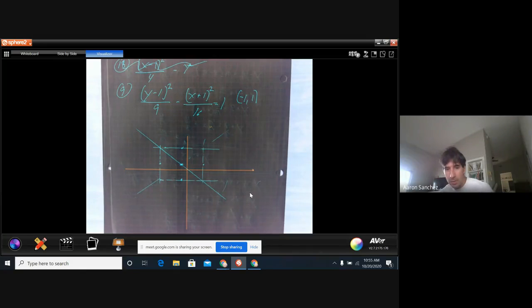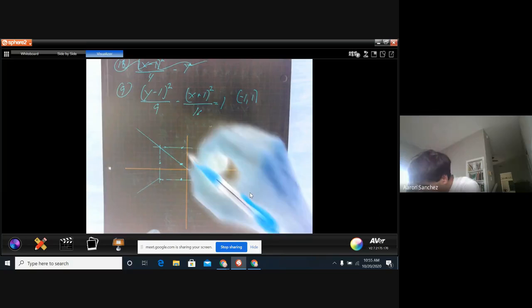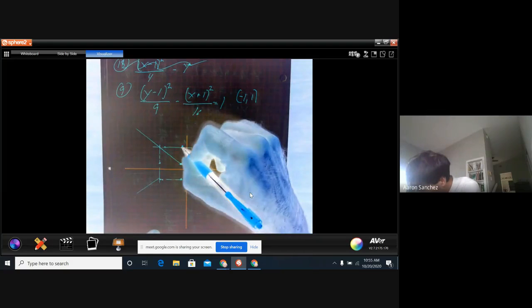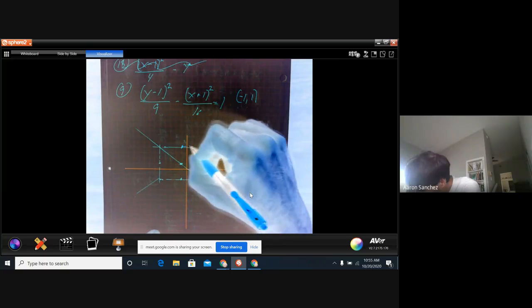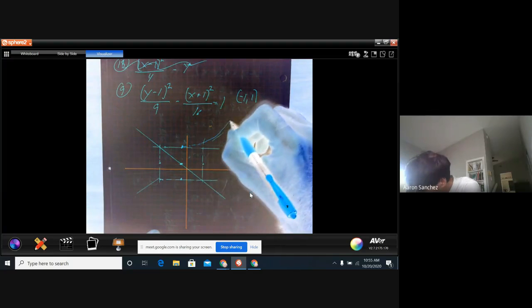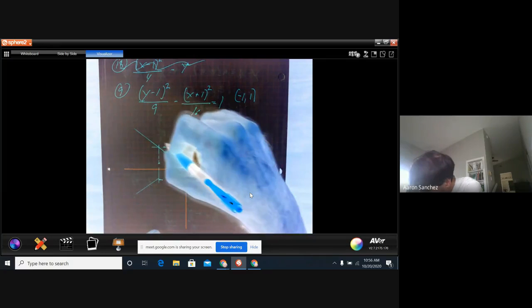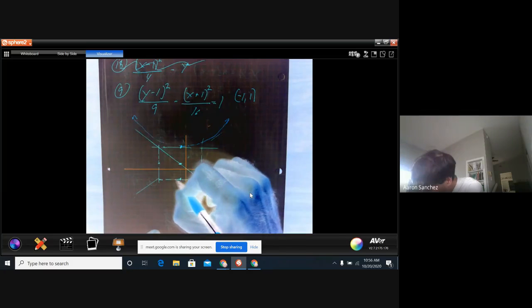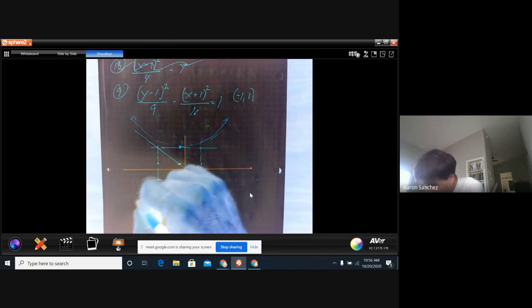I'm going to do orange. What color do you think orange is going to be? Here we go. Here's my vertex. What color is it? Orange is blue. Goes like that. Goes like that. Oh, I need to be solid. I don't know why I'm not drawing it solid.